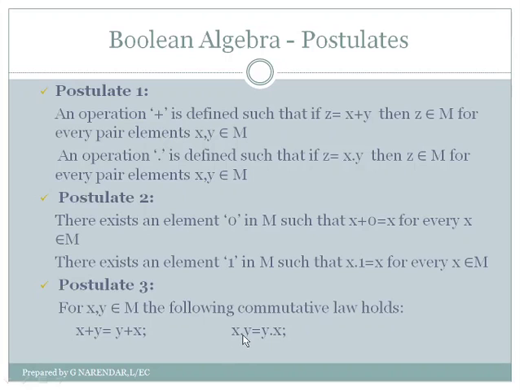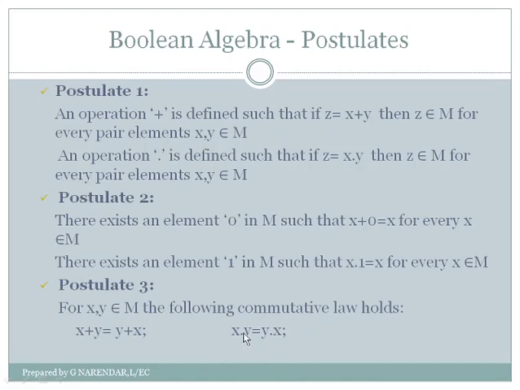Though you change the order of the elements on which you are performing the AND operation, the result is the same, that is, x and y equals y and x.